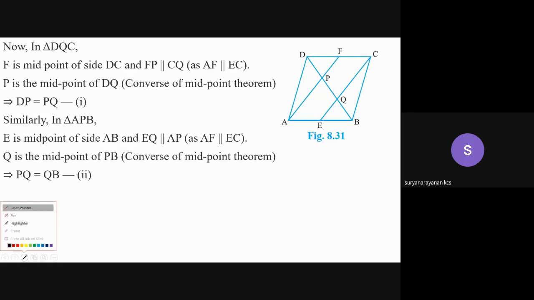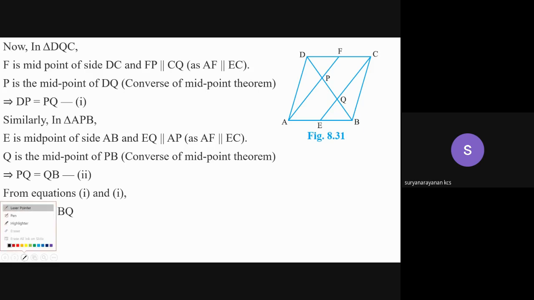If we observe result 1, DP is equal to PQ. If you observe result 2, PQ is equal to QB. So DP is equal to PQ and PQ is equal to QB. So can we write DP is equal to PQ is equal to QB? Can we write it or not? From equations 1 and 2, DP is equal to PQ is equal to QB.